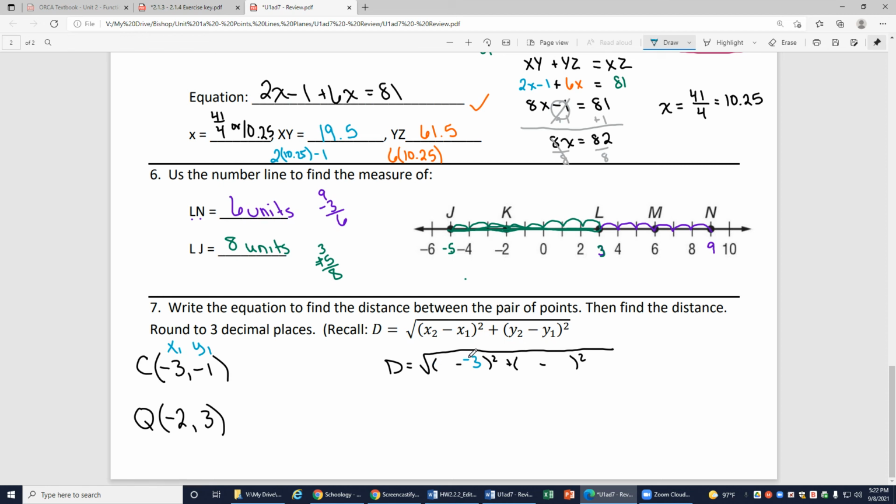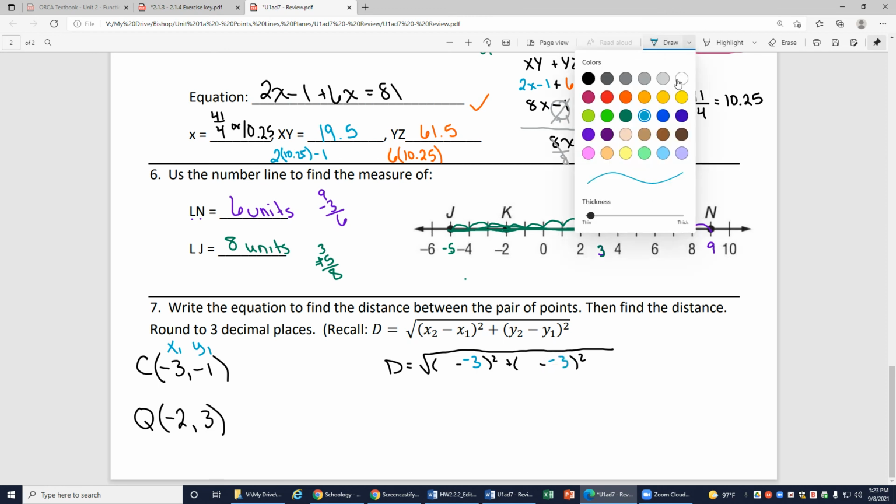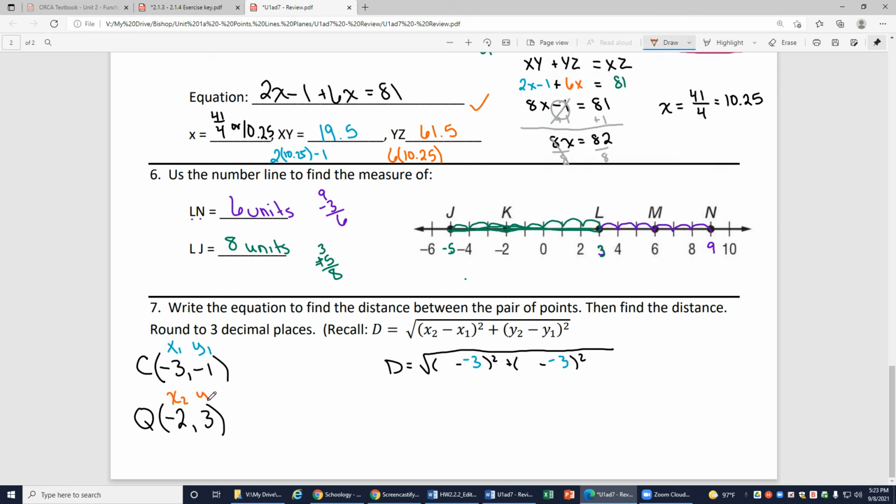And if I hadn't already written the formula, I might miss that, oh look, that's going to turn into a positive. And then my y1 is a negative 1. So y1 is a negative 1. And again, that's going to turn into a positive. All right, then this is going to be my x2, y2. So x2 is negative 2, and y2 is 3.